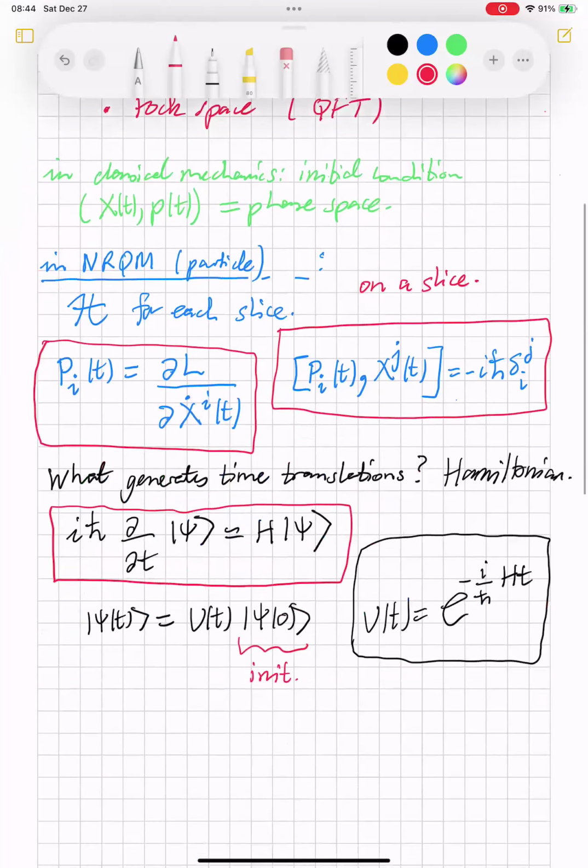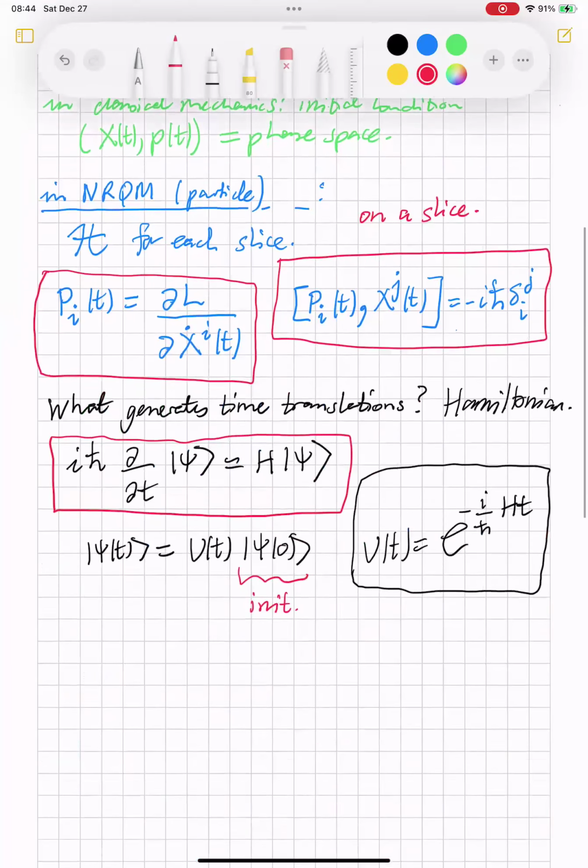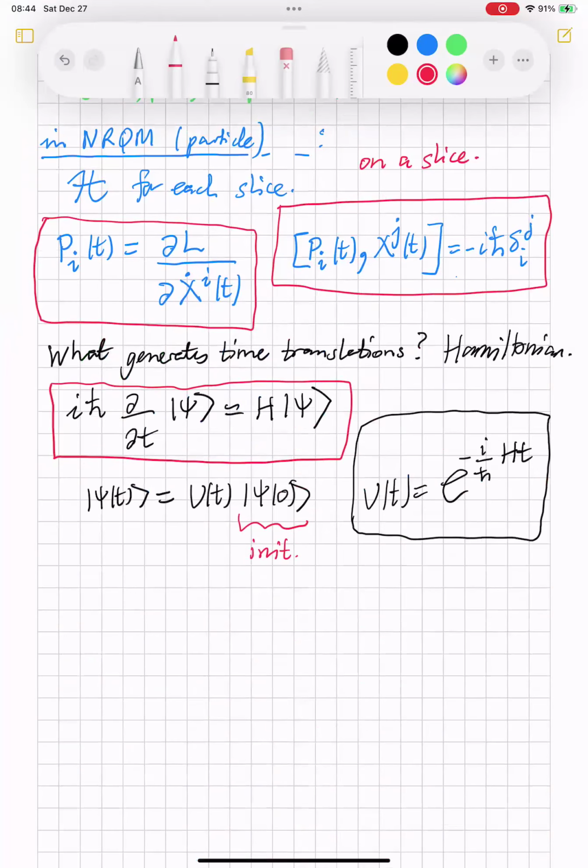Time translations are a unitary transformation. So what that means is all of these different Hilbert spaces are related by a unitary transformation, and that means that they are equivalent. Because of that, we can actually identify all of these different Hilbert spaces, one for each time slice, and be left with just a single Hilbert space. We can imagine dynamics happening inside that single Hilbert space.